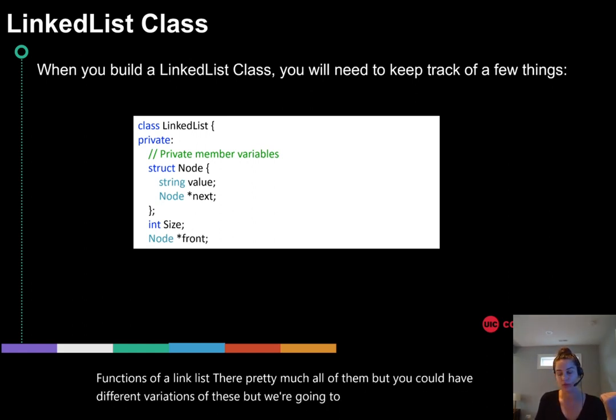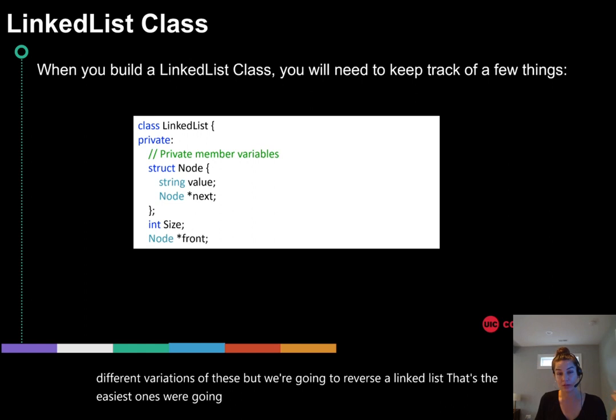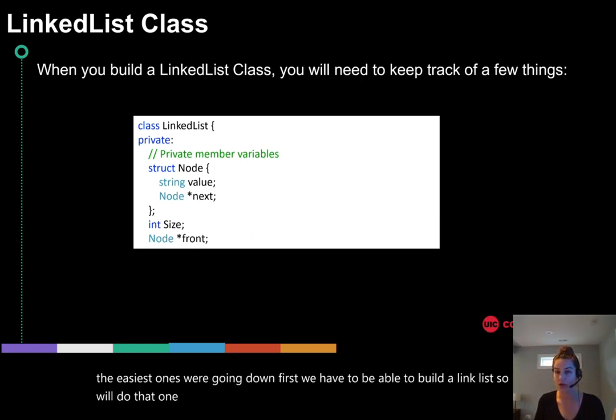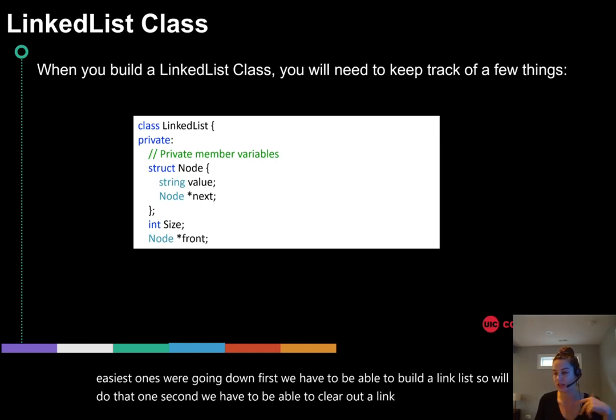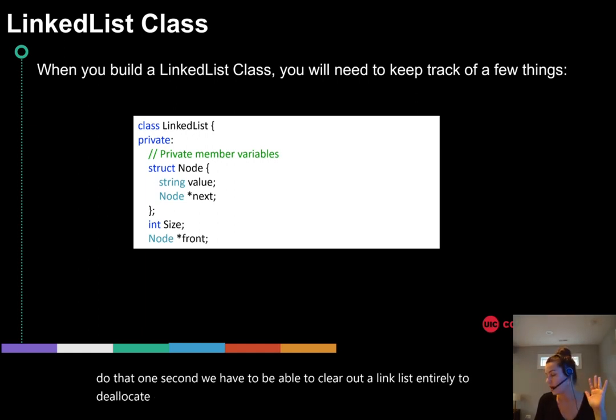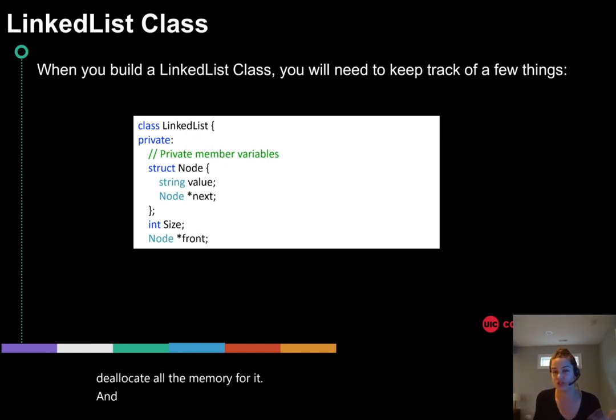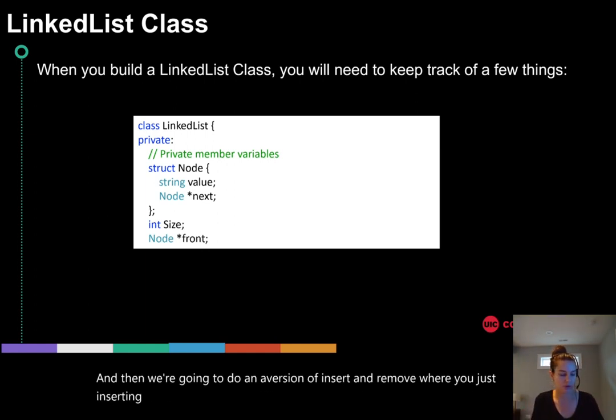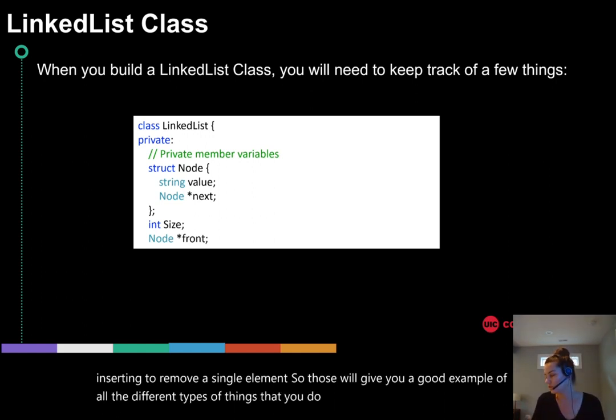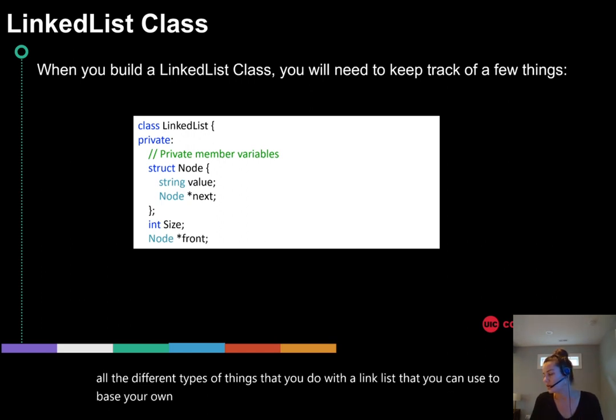That's the easiest one, so we're going to do that one first. We have to be able to build a linked list, so we'll do that one second. We have to be able to clear out a linked list entirely to deallocate all the memory for it. And then we're going to do a version of insert and remove, where you're just inserting and removing a single element. So those will give you a good example of all the different types of things that you do with a linked list that you can use to base your own class off of.